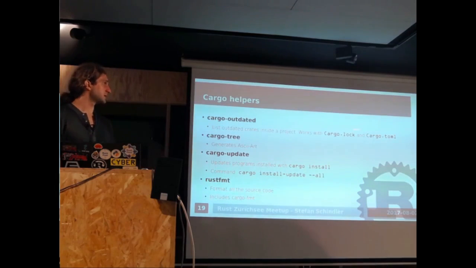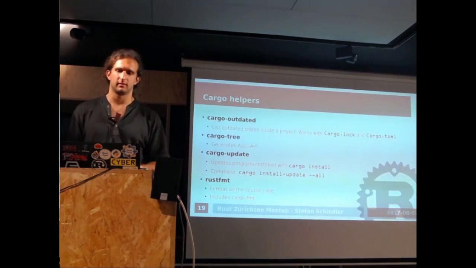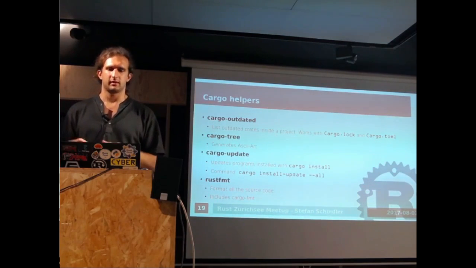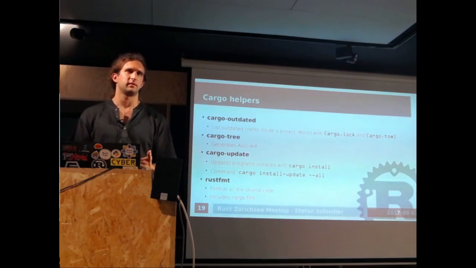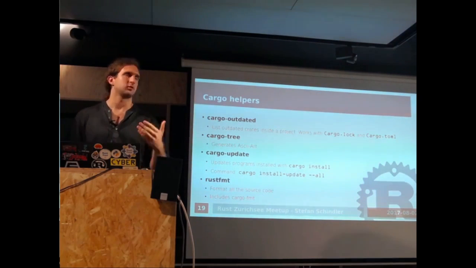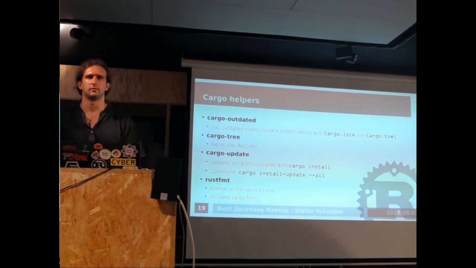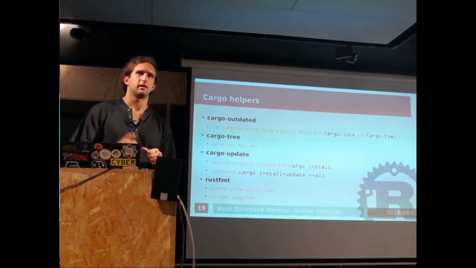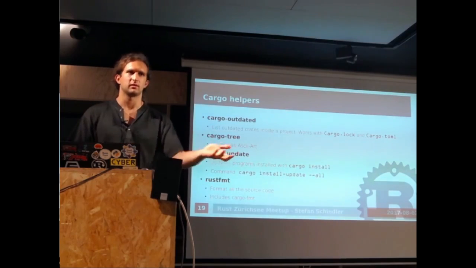It requires one at least partially successful compile because it works on the cargo lock file and a little bit on the cargo toml file. Cargo toml is the file where you define your dependencies, your external crates, and the cargo lock file is the file the compiler generates as soon as you compile it, at least partially for the first time. Just as bookkeeping, I used this version to generate the code.